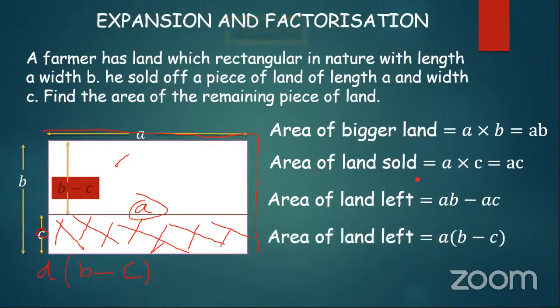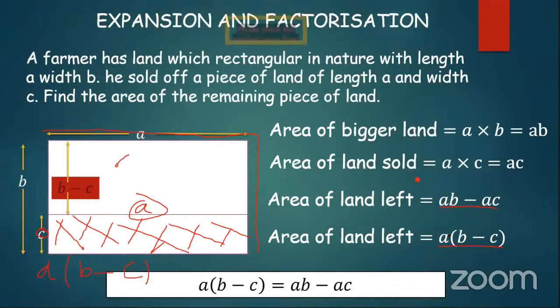Then we also look at an alternative which our friend has suggested, that our area left would be A into B minus C. Since all of them are the same, we can say the A into B minus C would be the same as AB minus AC.